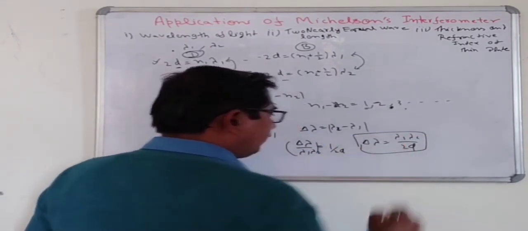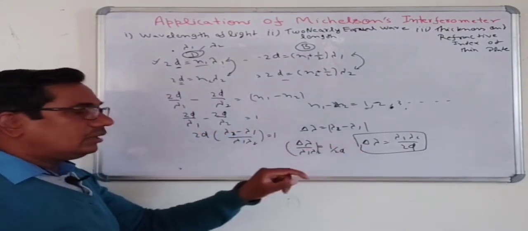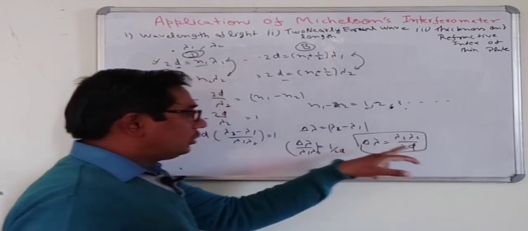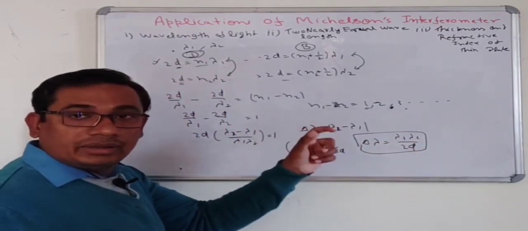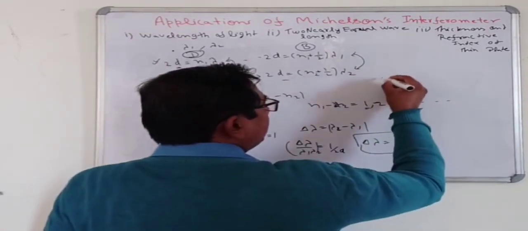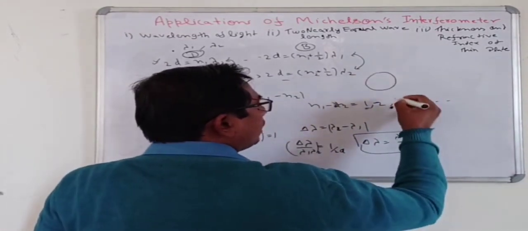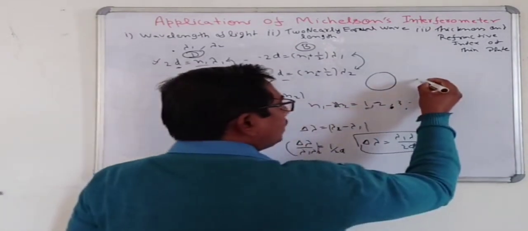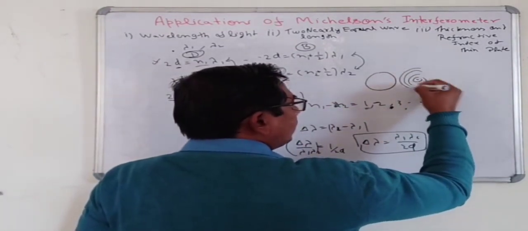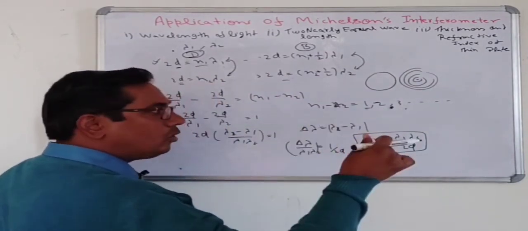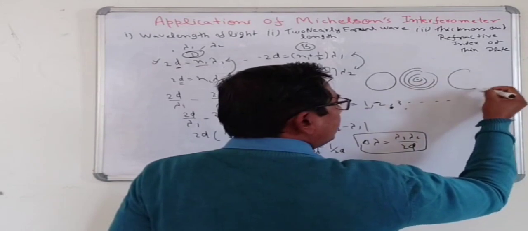You can measure the value of d, and you also know the values of lambda 1 and lambda 2, so you can calculate the value of delta lambda. It means that suppose here fringes disappear. When you change the value of d, fringes reappear again, and when you change the value of d further, fringes again disappear.